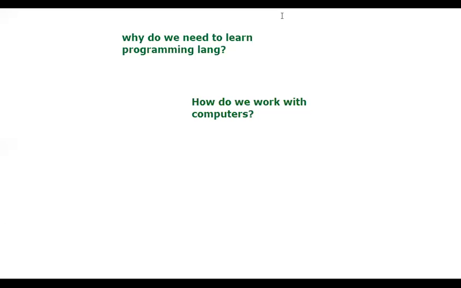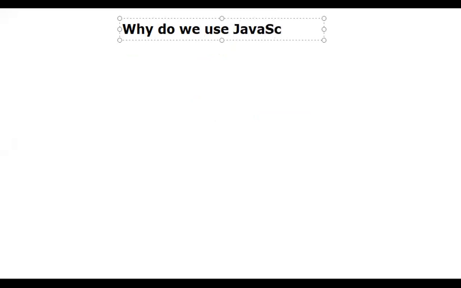So far we were doing HTML and CSS. Definitely there are also some kind of sort of programming languages, but today we'll start with JavaScript. Actually what it does, I'll tell you. Let's say, I'm gonna write a text here. Let's just say, let's make it 24, and why do we use JavaScript?